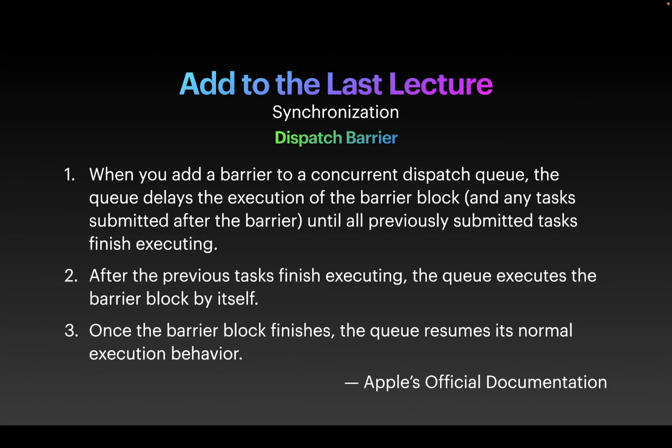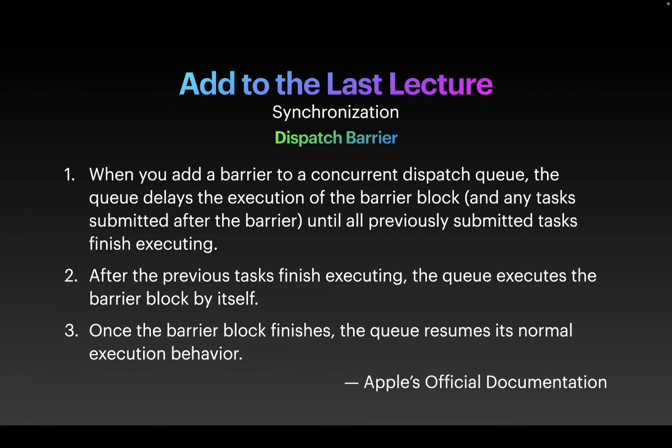So in short, when the dispatch queue sees a barrier in the queue, it's just going to wait and try to finish all the tasks before it. Now let's go to the second rule.